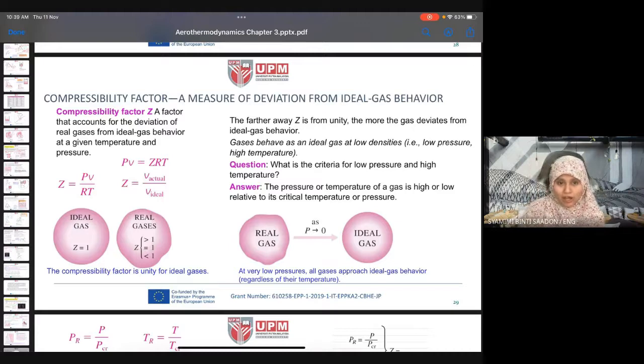So how much the gas deviates from ideal gas properties is accounted for by this factor Z. Z may be more than 1 or less than 1. If Z equals 1, it is an ideal gas. We assume that the gas is in the ideal gas state.